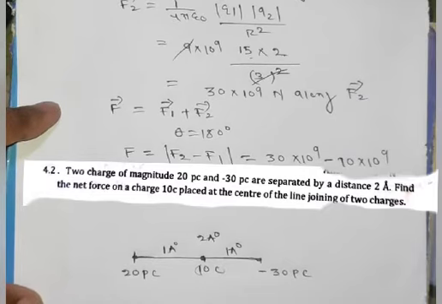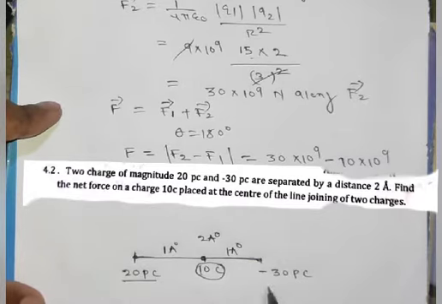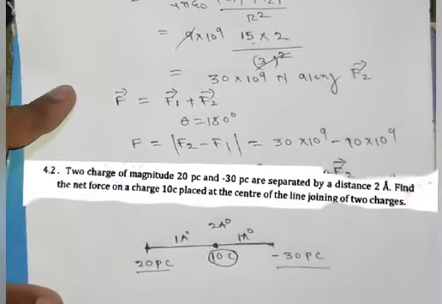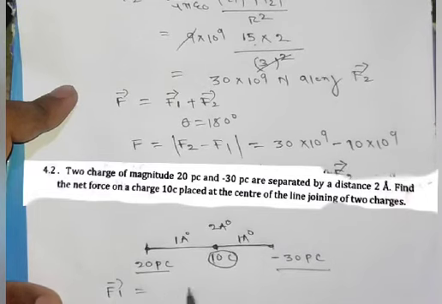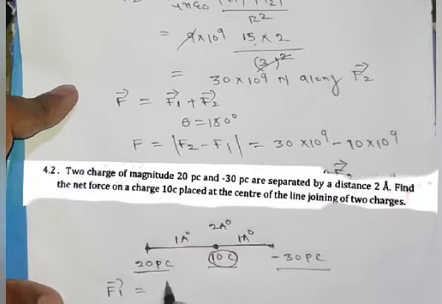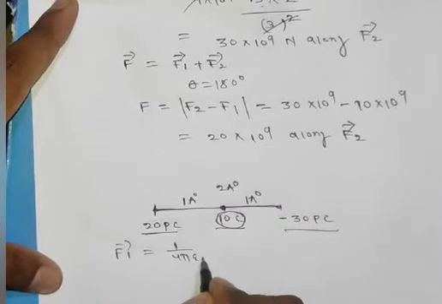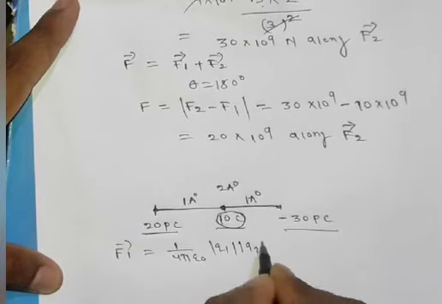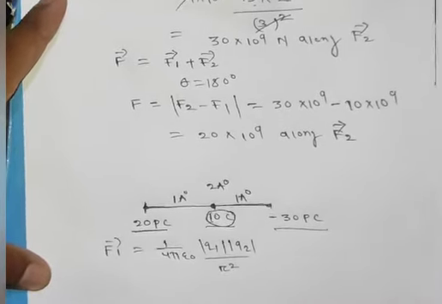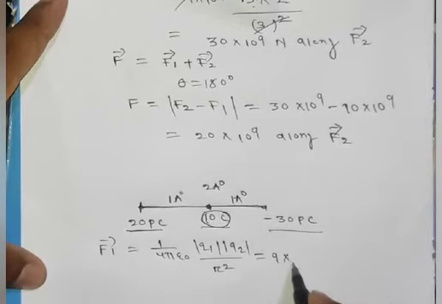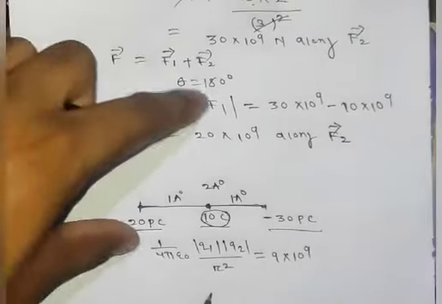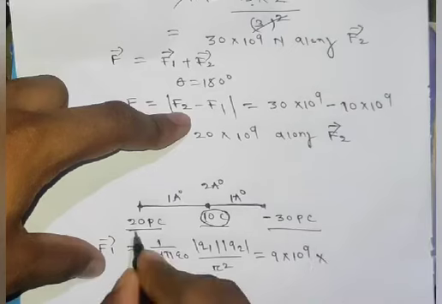In the question it is asking to find the resultant force on this charge of 10 coulomb due to the 20 picocoulomb and minus 30 picocoulomb charges. So first find F1, that is the force on 10 coulomb due to the charge 20 picocoulomb. We know the formula: 1 by 4 pi epsilon naught, q1 modulus into q2 modulus by r square, and we know the value of 1 by 4 pi epsilon naught is 9 into 10 to the power 9. q1 is 20 picocoulomb.